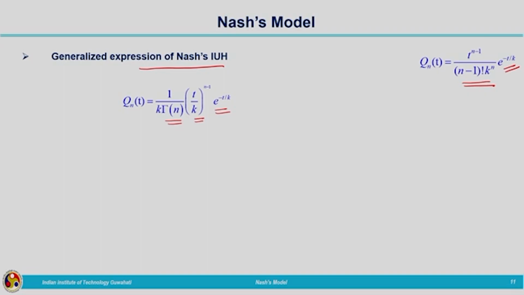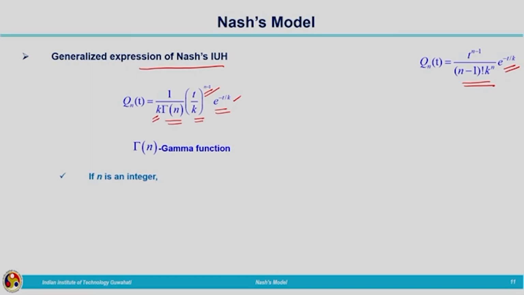That way we have written t by k to the power of n minus 1. Then the remaining k we have kept separately, and n minus 1 factorial is written as gamma n. For writing the expression in a generalized form, we have made certain modifications with the terms, and we got the expression like this. Here gamma n is the gamma function.